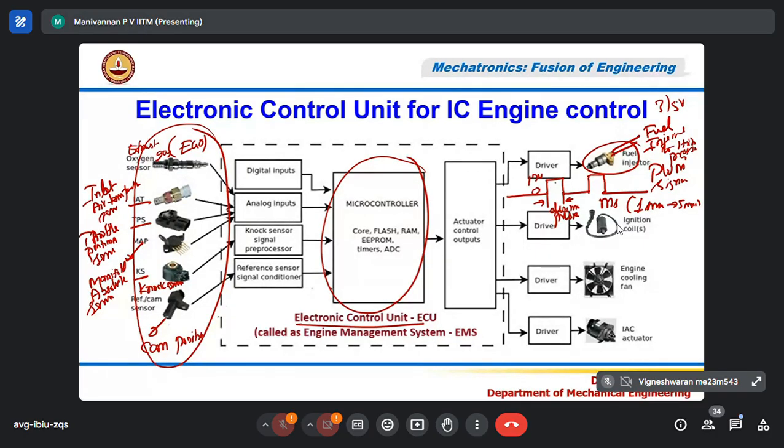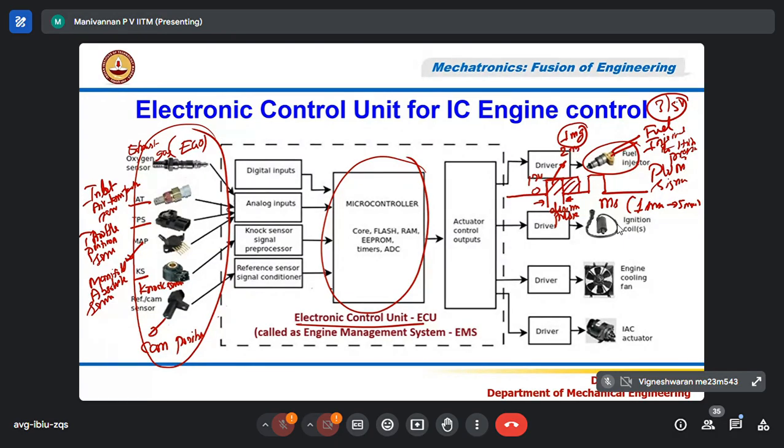For example, if the injector opens for 1 millisecond, the injector has a small nozzle, maybe 100 micrometer, 50 micrometer or so. Fuel will be sprayed for 1 millisecond, and that quantity may be 1 milligram, for example. Depending upon the fuel pressure, the nozzle opening size and the duration, the fuel quantity is controlled. If I want 2 milligrams of fuel, what will I do? My ECU will open the injector for 2 milliseconds. Then 2 milligrams of fuel will be injected.